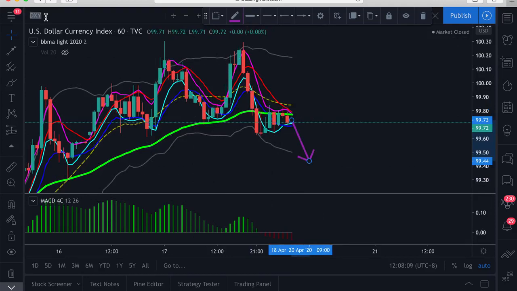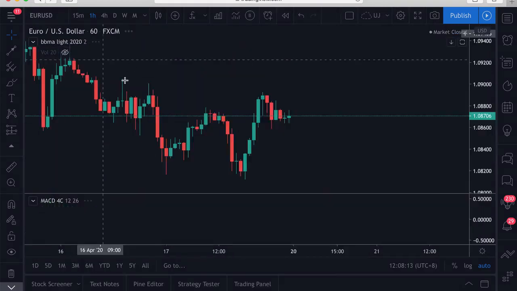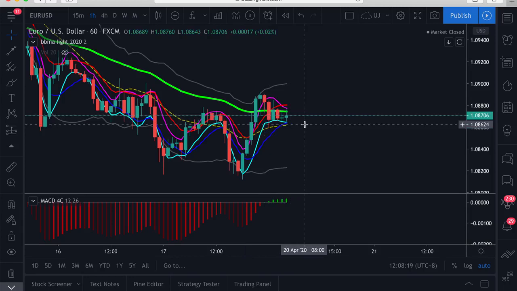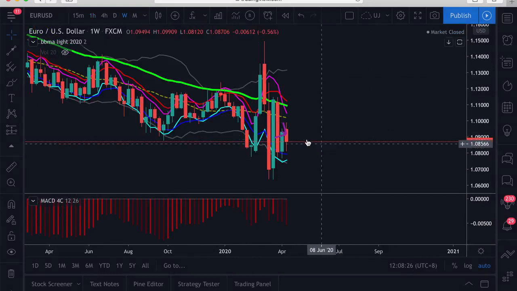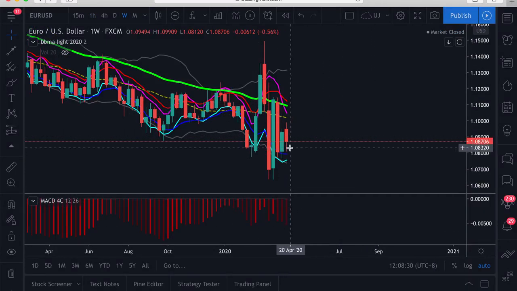Okay, first pair, Euro USD. For Euro USD, if the DXY is weak, it means EU is going to go up. In weekly, we can see it's clearly in a buy zone. This is MA low, MA high. So Euro USD this week is in a buy zone.